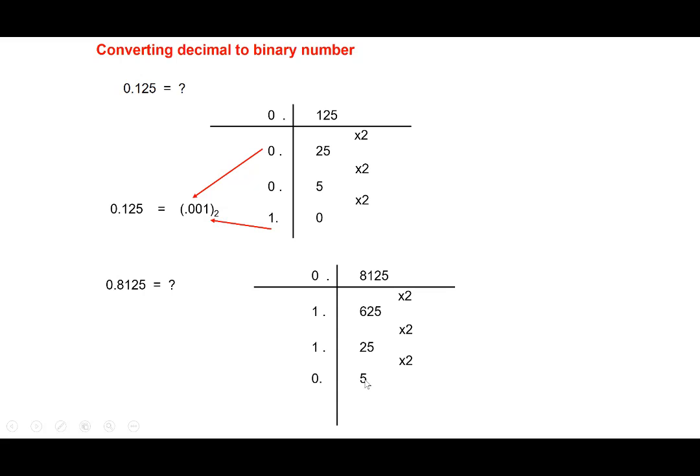We get 0.5. Multiply by 2 here, we get 0, and we get 1 here, and the number ends here. So what will be our binary representation? Well, it will be 1101. Note again, the first 1 here is represented by this bit, and the last 1 is represented by this bit. So you go down and write down the number 1101.